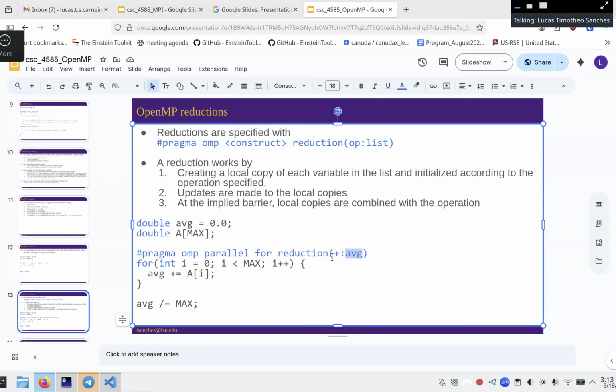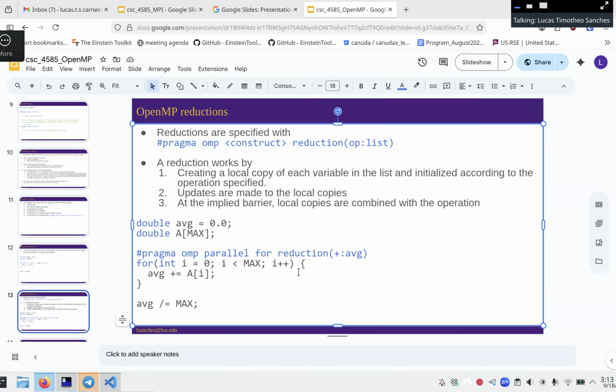And after you're done with your parallel work, I want you to apply an operation to combine each local copy that each thread has of this variable. In this case, we're saying that the operation is sum. So each thread has a local copy of AVG, and when OpenMP finishes the for loop, it's going to ask each thread to give it its local copy of AVG, and it's going to sum those copies for us.